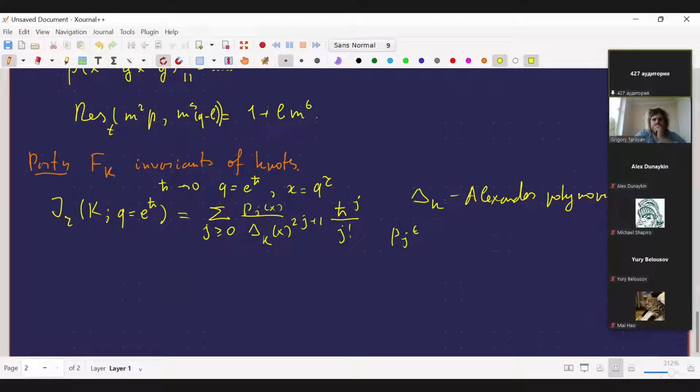Yes, this is the Alexander polynomial of the knot k. And the p_j's, the numerators, also depend on k. Yes, certainly. I can write a small letter k here.